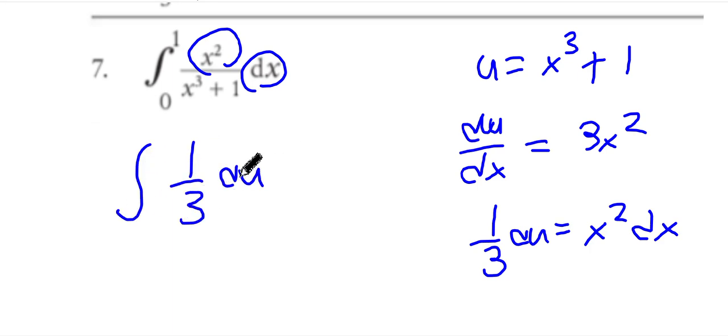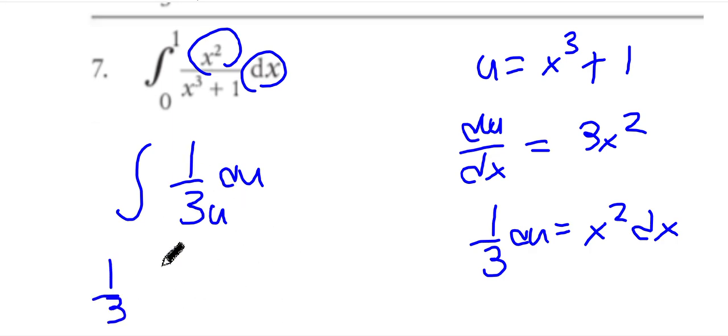Is that what you guys got? Well, you brought the third out, you can if you want, yeah. And you just get u over 3 or a third u. We're not bothering with the plus c. Oh yes, there's a u on the bottom. A third, u's on the bottom, yeah.